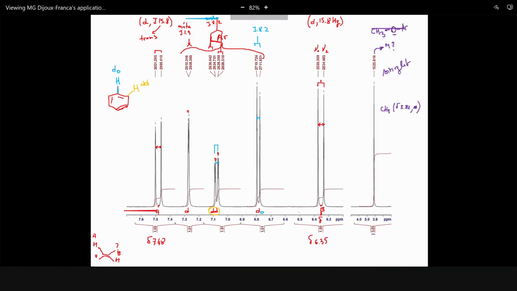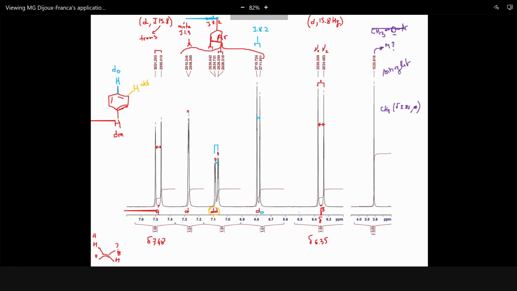So then remember I said that even in 400 megahertz, it's hard to see the paracoupling, but the red one, which is the doublet meta, is in meta position from the orange.